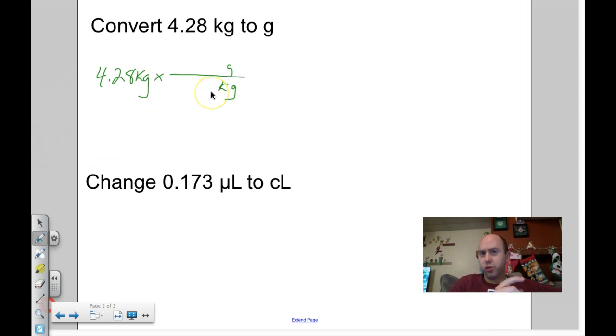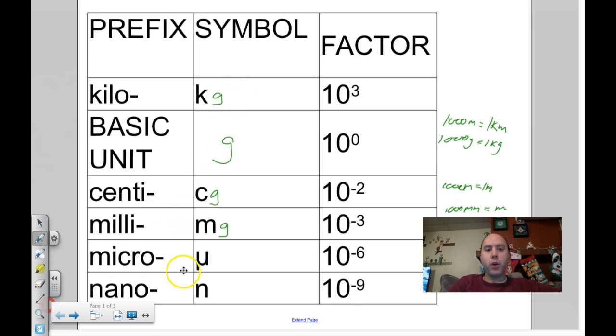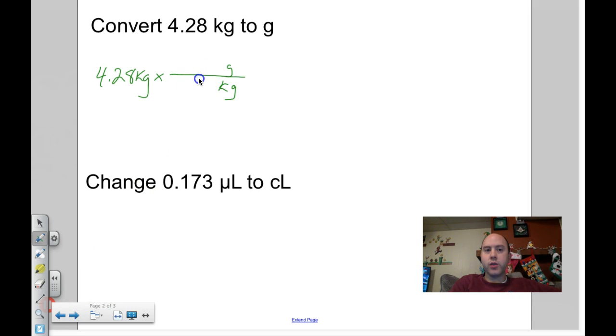But the traditional long way would be to do the following. Figure out which of these prefixes is higher on the list. Notice kilo is higher on the list than the basic unit. Whatever's higher on the list gets 1. So 1 kilogram equals how many grams? You do 1 times 10 to the power. How do you figure out the power?